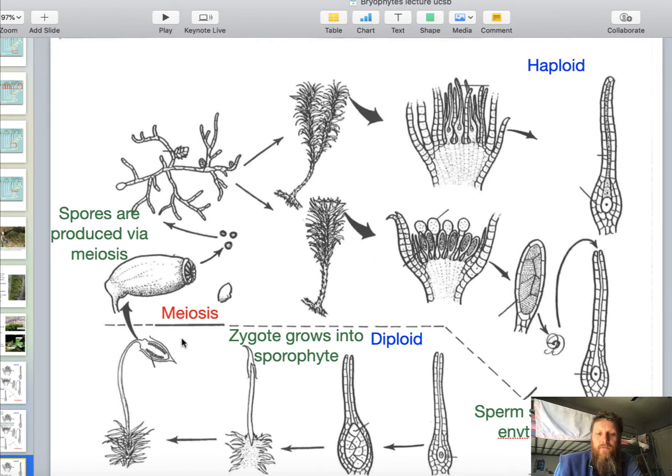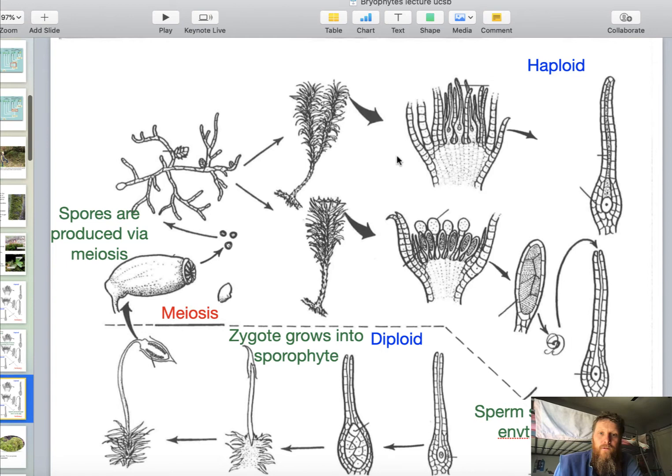Eventually the sporophyte will undergo meiosis and produce, from diploid progenitor cells, haploid spores again, and then you make it all the way around. This structure lives in the environment independently, and this sporophyte is actually parasitic on its maternal gametophyte. So that's the basic life cycle without too much detail.